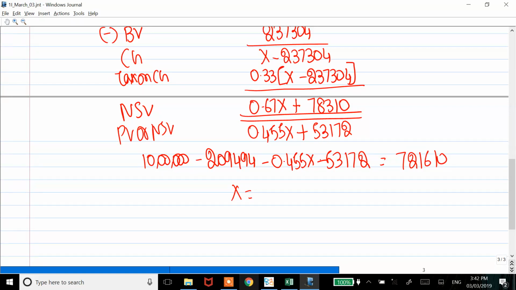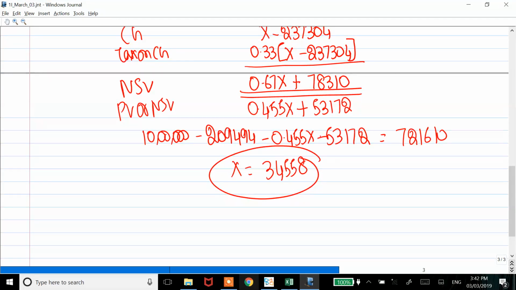You will end up revising the decision. I get it as 34,558. Some up-down rounding difference can be there. 34,558 is a broad number I get.